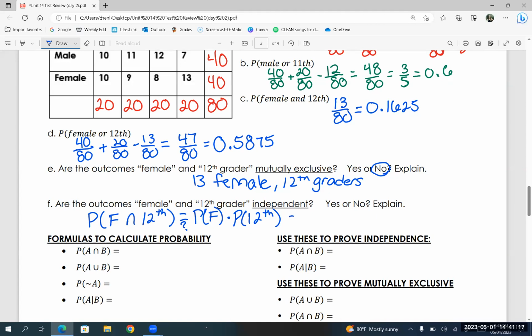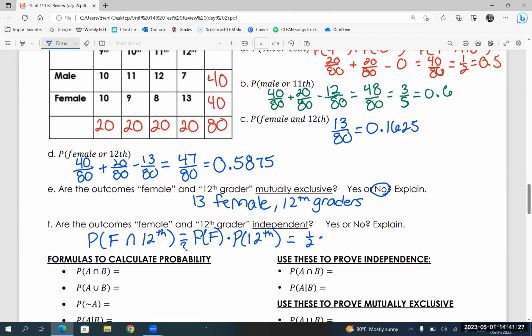So the probability of a female was 40 out of the 80, which is 1/2. So we can do 1/2 times the probability of a 12th grader. That was 20 out of 80 or 1/4. And we want to see if we get the same thing as female and 12th grader.